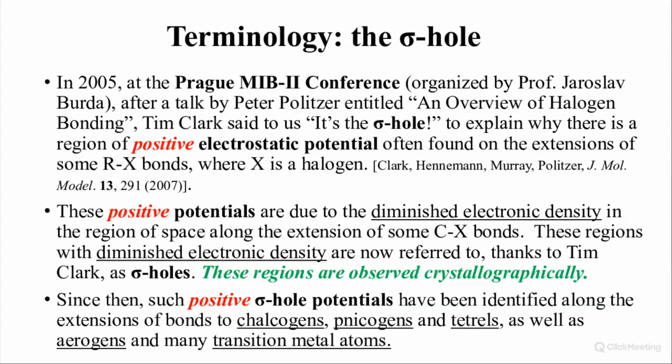And these regions can be observed crystallographically and have been. And now it's gone to all of the columns 14 through 17, and even to transition metals.